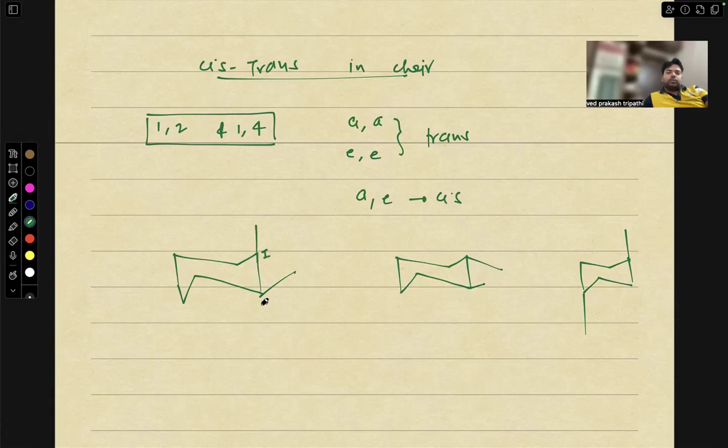This is 1, 2, this is 1, 2, this is 1, 4. Axial, equatorial, equatorial, equatorial, axial, axial. So I said that same means trans. So axial, equatorial, this is anti, so this is cis. This is equatorial, equatorial, so trans. And this is axial, axial, again trans. So this is for 1, 2 and 1, 4 position.